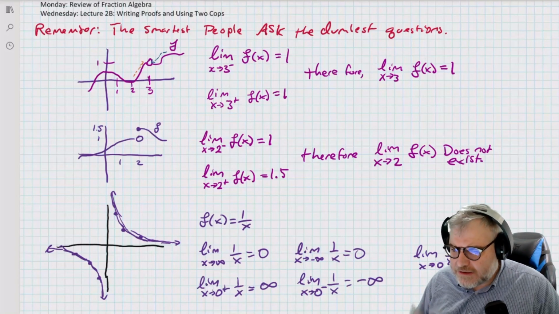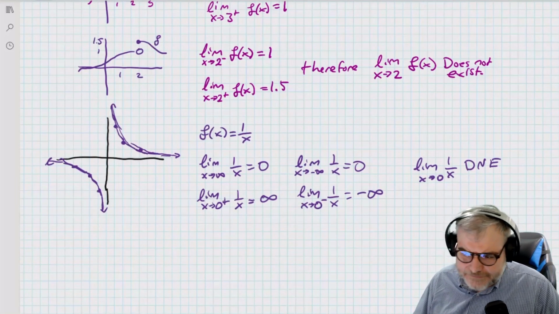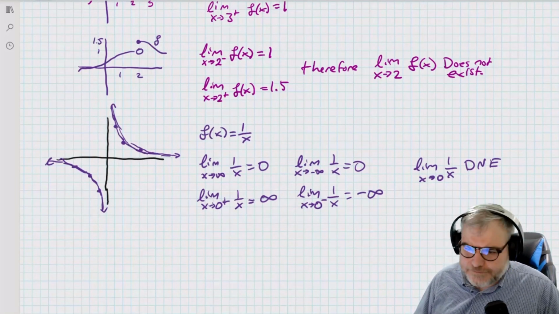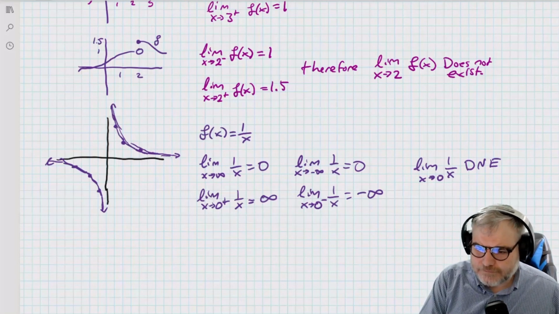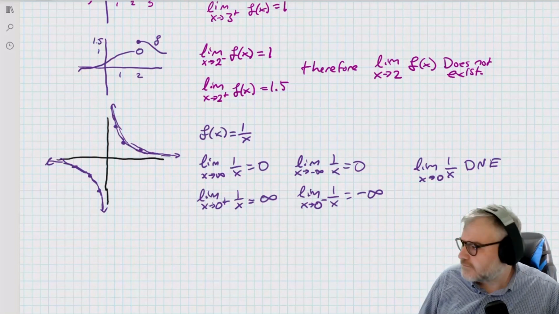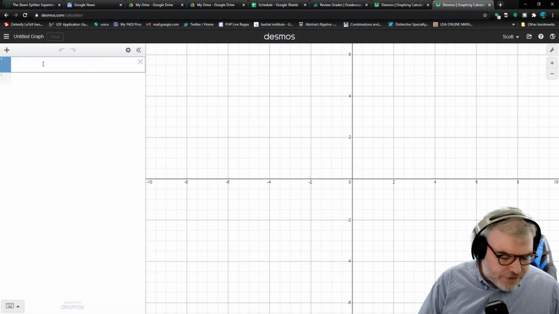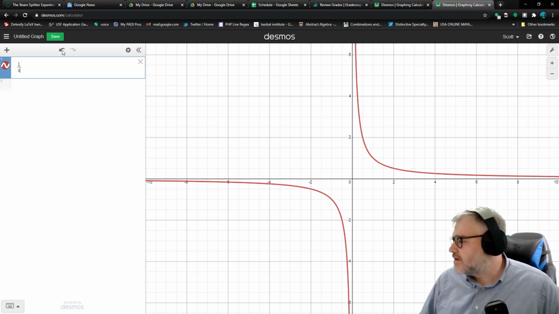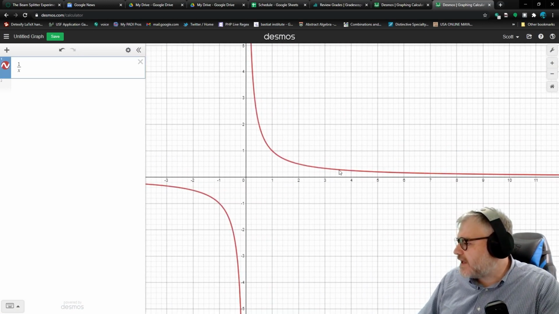People are saying that they understood the first two, but they missed this one. All right, so let's look at this function, 1 over x. All right, now, as I go to infinity, what happens to this?